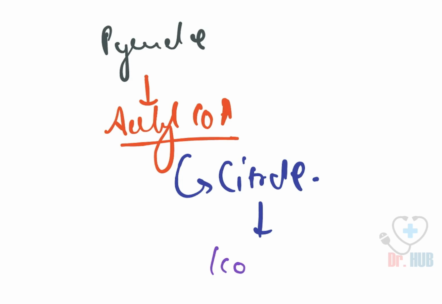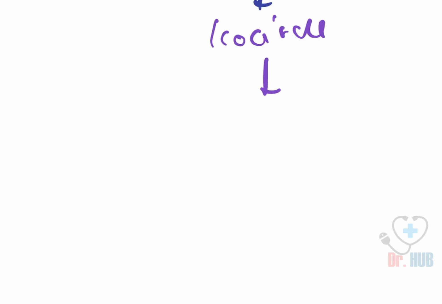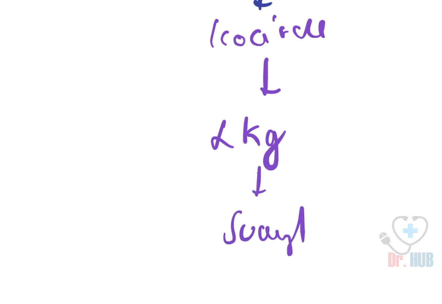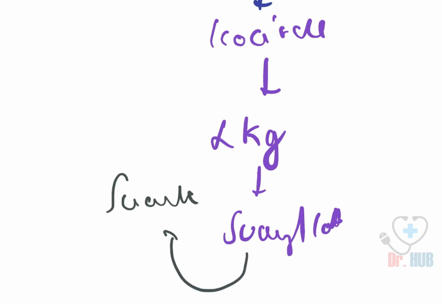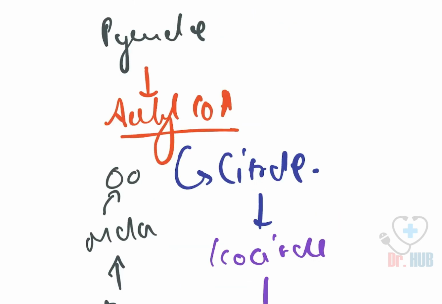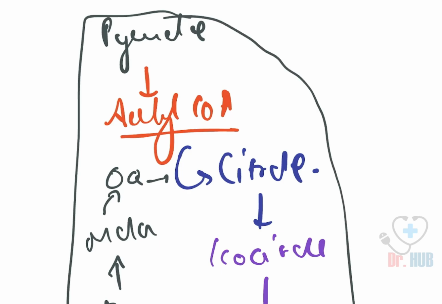Then the citrate is converted to the isocitrate, to the alpha ketoglutarate, then to the succinyl CoA. Next, the succinyl CoA is converted to the succinate. Succinate is converted to the fumarate. Fumarate is converted to the malate. Malate is converted to the oxaloacetate, and then it again goes to the citrate. So this is the outline of what exactly happens.